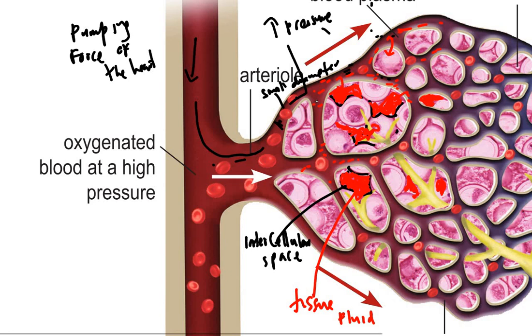So the tissue fluid will occupy the space between the cells. Okay, so all will be filled with the tissue fluid, in all the intercellular space of the cell. So we have the tissue fluid.